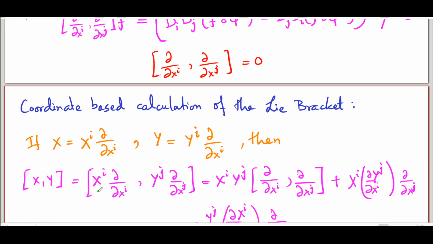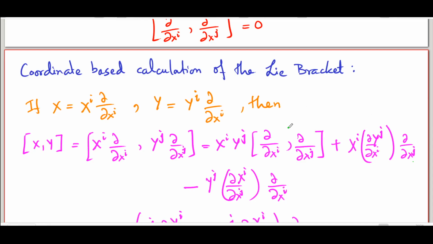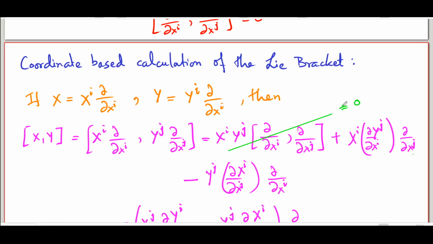So you have the bracket of x comma y, that becomes xi yj times the bracket of del xi, del xj, plus xi del xi acting on yj del xj, minus yj del xj acting on xi del xi. And notice that of these three terms, this one just drops off to 0, because the Lie bracket of the coordinate vector fields is 0.